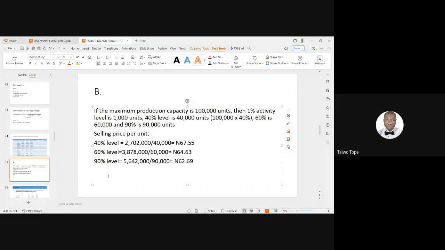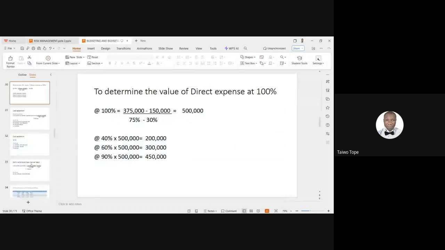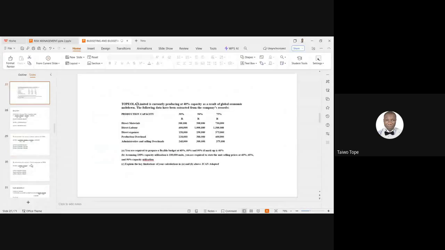Any question about this? So for the C part, you are going to tell me what you think you should write there.